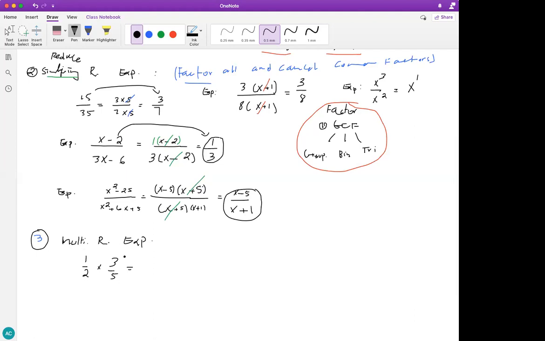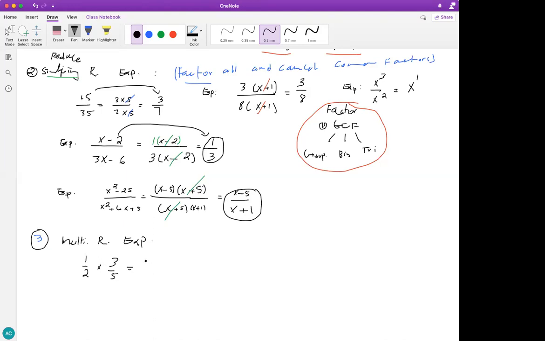What is this equal to, or which way do we multiply these two fractions? How do you multiply fractions in general? 3 over 10.